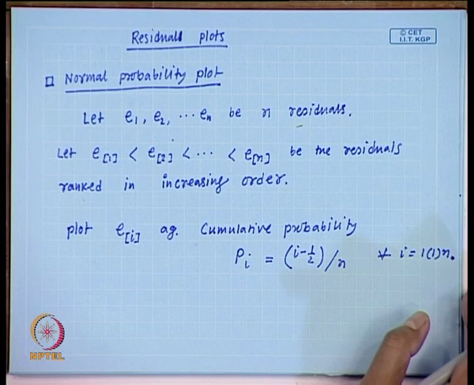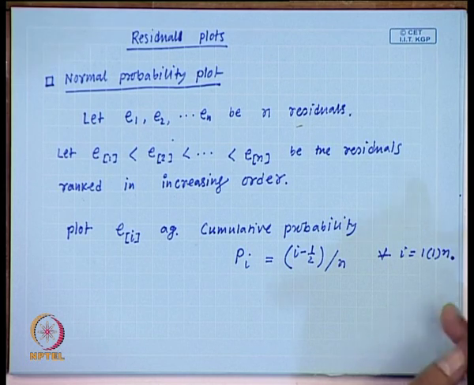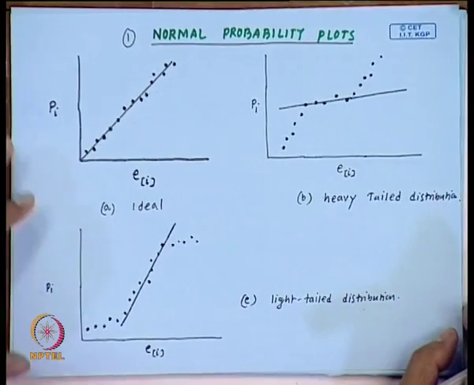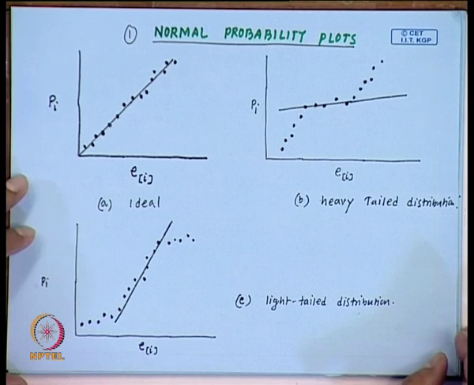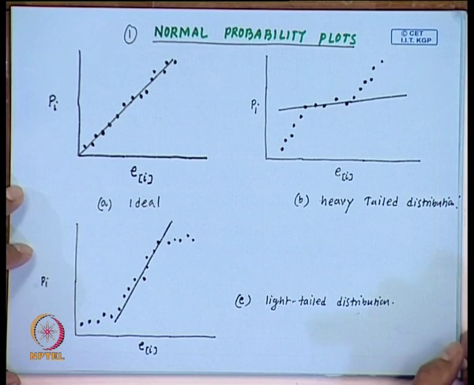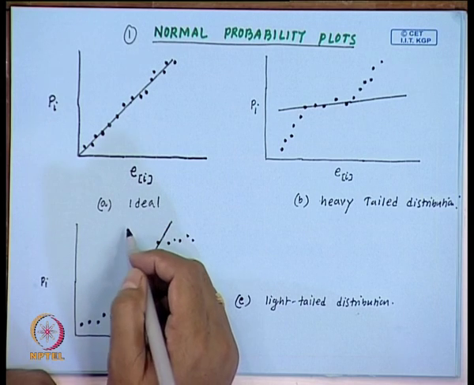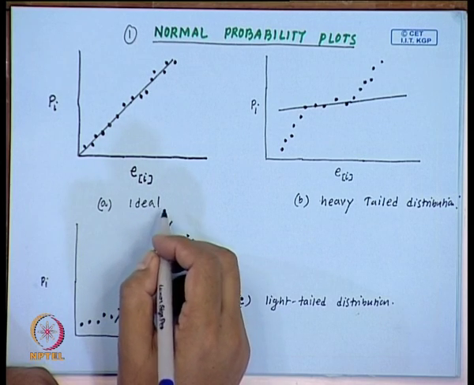Okay, so, just now I have different types of normal probability plots that may happen. Figure 1 shows the ideal situation.